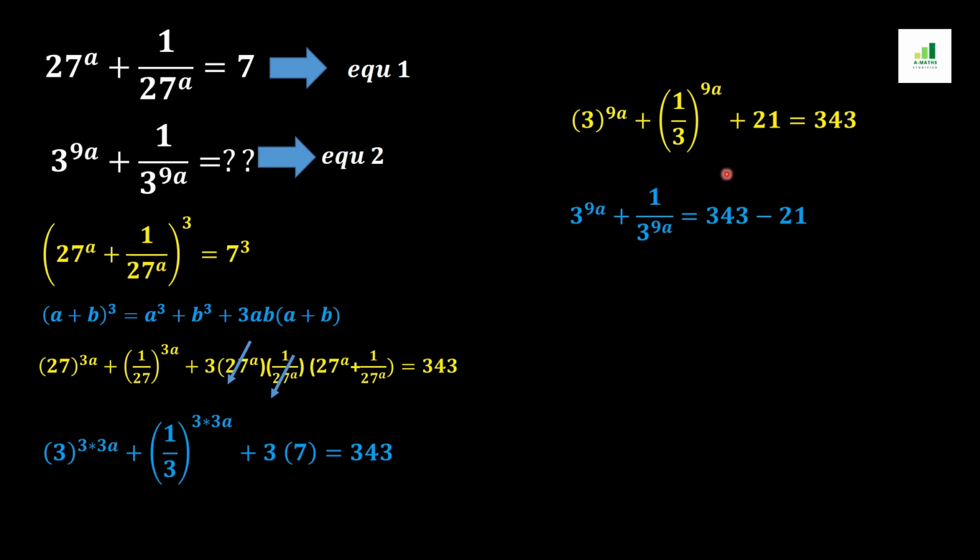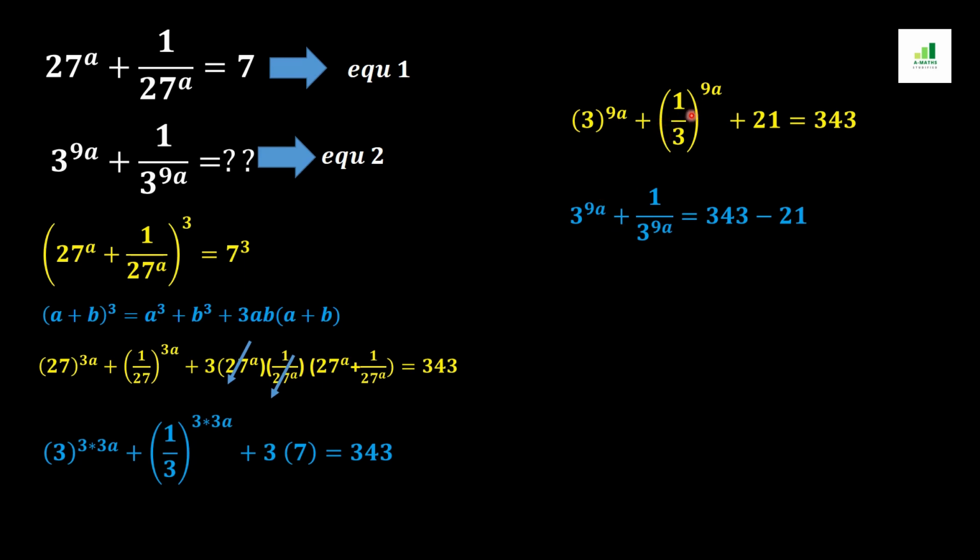Now in the next step, this 21 will move to the other side of the equation and convert into minus 21, and we will get on the right side 343 minus 21, and on the left side we will get 3^(9a), because we open these values by applying this power on all values, and we will get 3^(9a) plus 1.